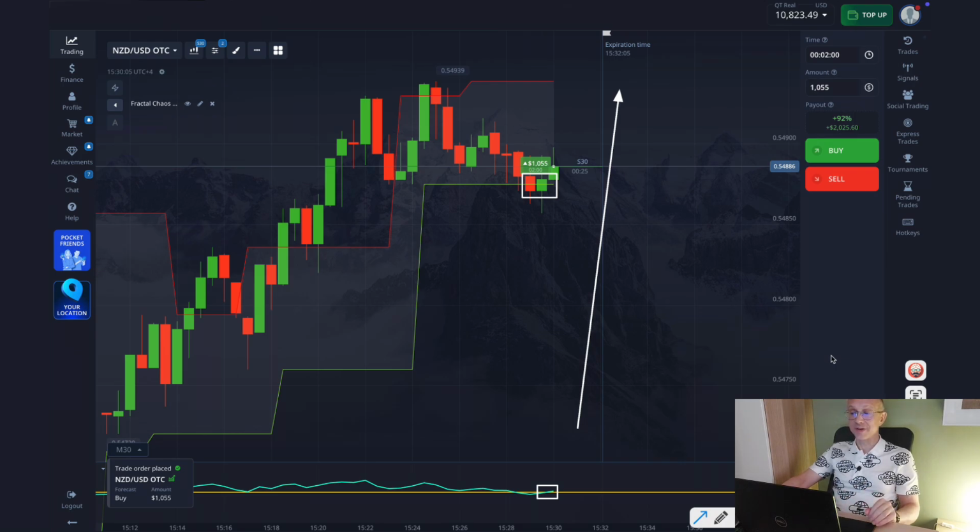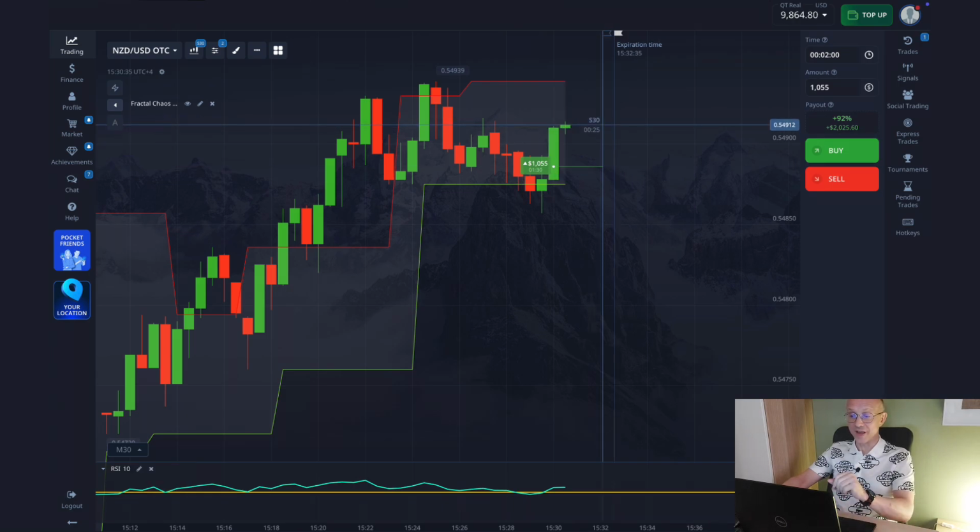This dynamic clearly indicates that the correction is over and buyers have regained the initiative. Each new upward movement only confirms their sentiment and demonstrates growing pressure on the price. The signal looks reliable and consistent with the overall market direction, which increases the likelihood of continued growth.